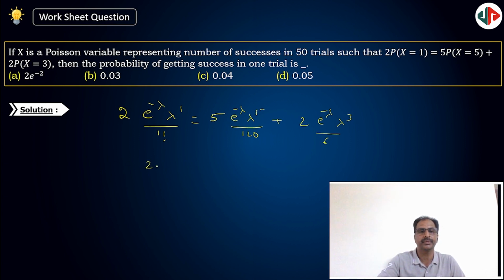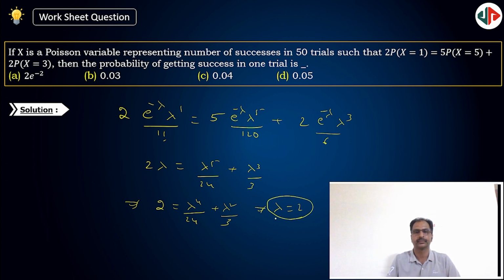So you can cancel e power minus lambda on both sides, and you can cancel lambda also on both sides. By trial and error, lambda will be 2.